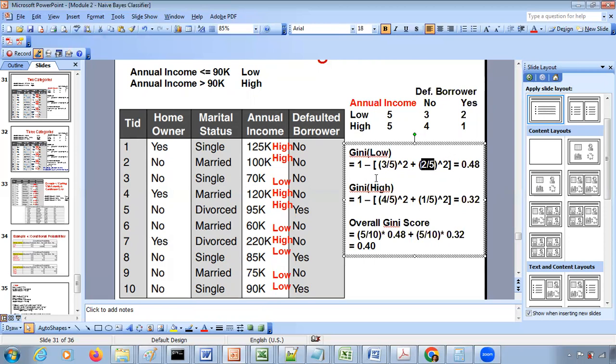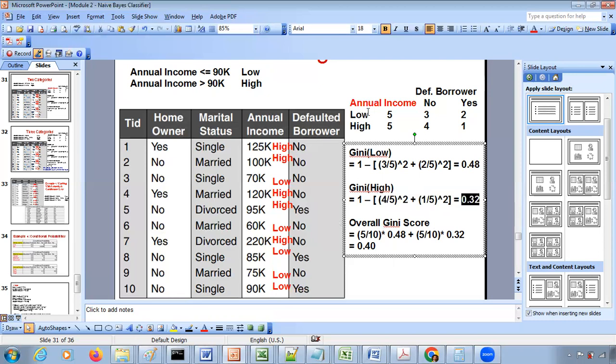These are the 2 fractions. We square them, add them, and take 1 minus the sum of the squares of the fractions, so 0.48. With high, you have 4 over 5 for class no, squared, plus 1 over 5 for class yes, squared, and 1 minus that is going to be 0.32.